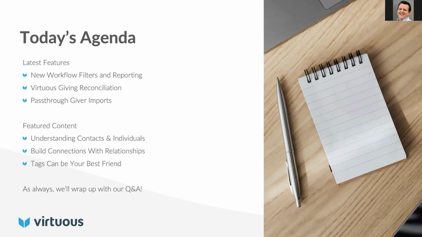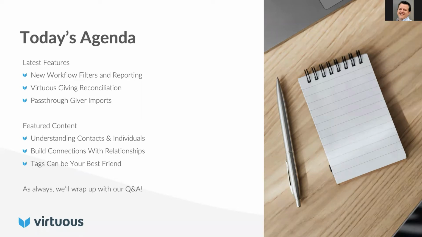We've got the new reconciliation features for Virtuous Giving to show you Stripe payouts right there in Virtuous and tie Virtuous data with Stripe data together, make it easier to reconcile. And we've also got our new pass-through giver import feature, which is actually really slick. I want to make sure everybody understands what that is. So we'll take a quick look at those, and then we're going to dive into our featured content for today.